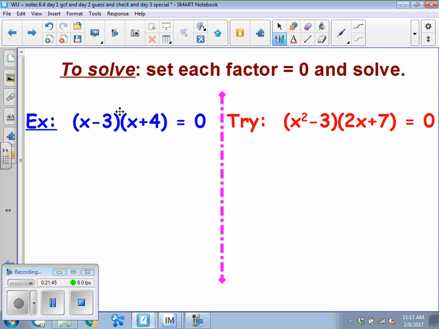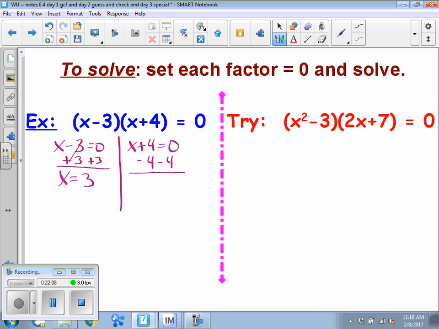And so we do this. Once it's in factored form, x minus 3 equals 0, and x plus 4 equals 0. There are 2 different scenarios that's going to cause that entire left-hand side to be 0. So we add 3 to both sides. x equals 3. Subtract 4 from both sides. x equals negative 4.